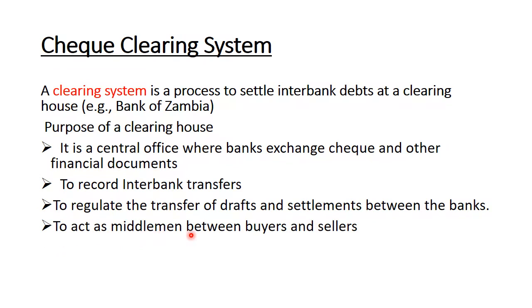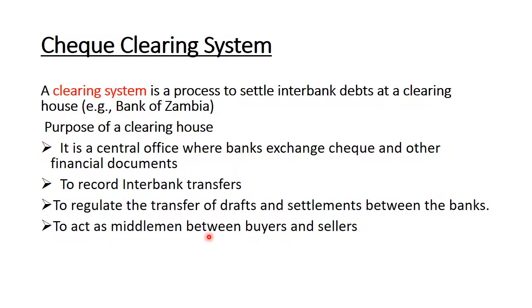It also acts as a middleman between buyers and sellers. Since I, as Blugam, am the seller, selling tuitions, and you are the buyer, the bank is between us. You pay through the bank and I receive through the bank. So the banks are now connected through a clearing system.